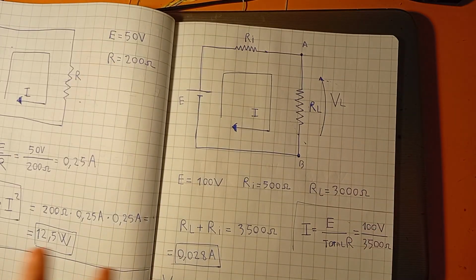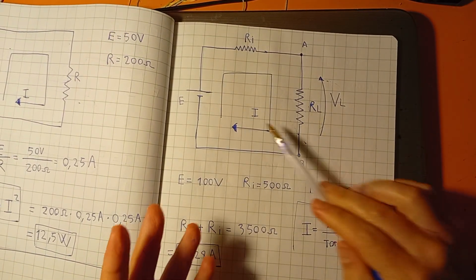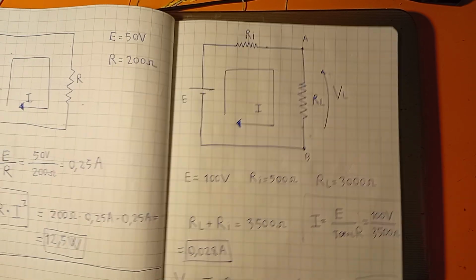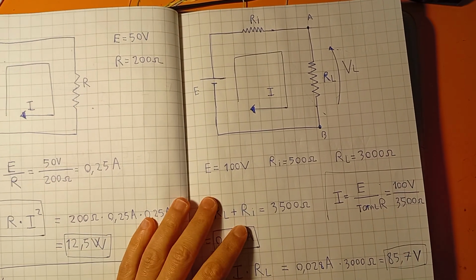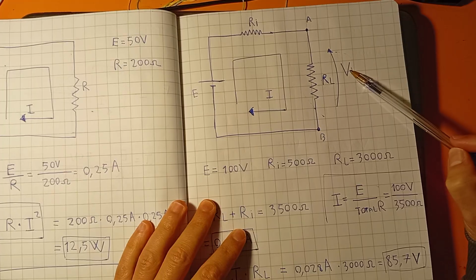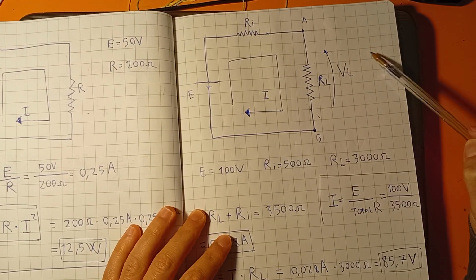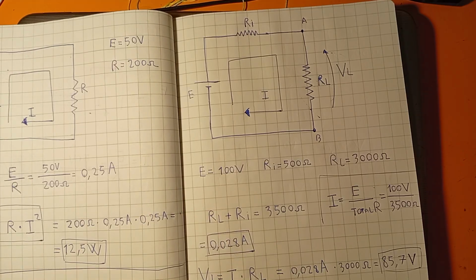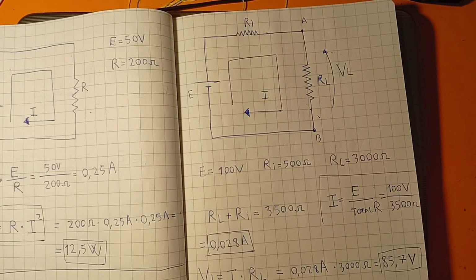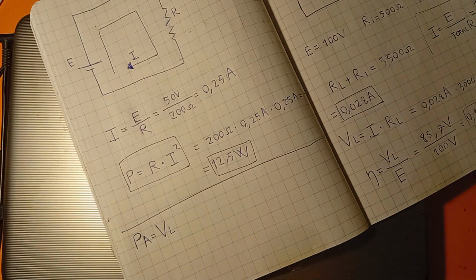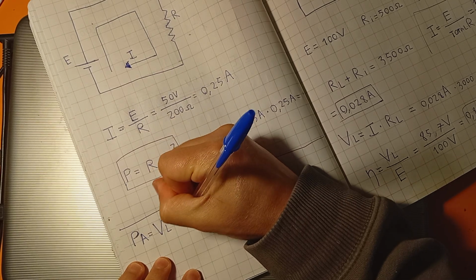Or I can also do the resistor multiplied by squared current, it's the same. Or the voltage drop squared, divided by the resistance. All three formulas are fine. This time let's use this one.